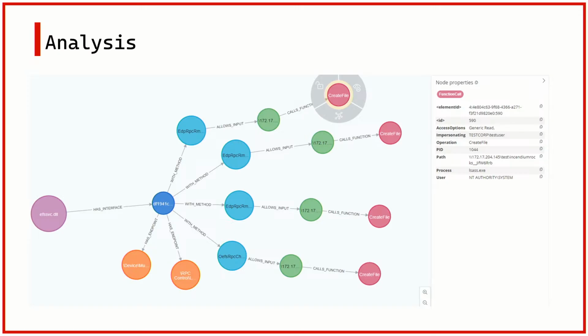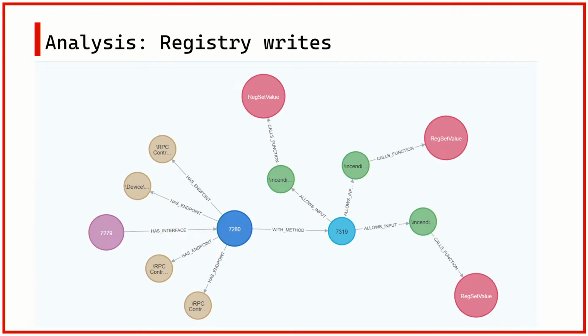And this opens some new ways to get better insights into interesting procedures. For example, we can map registry writes, because we just make a Cypher query which contains RegSet or RegWrite, and then it will map exactly which fuzzing input led to this function call.